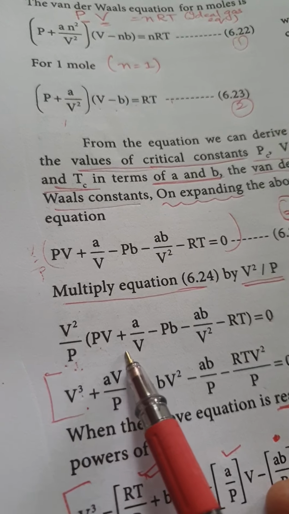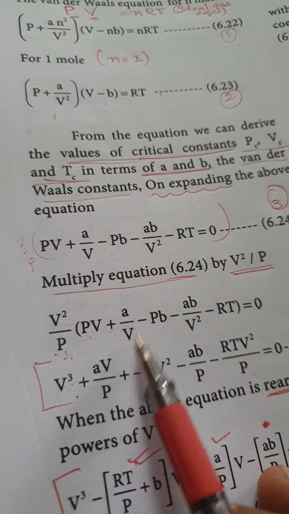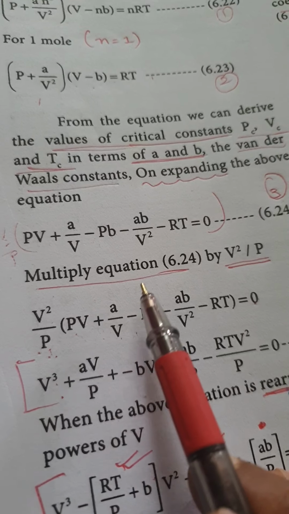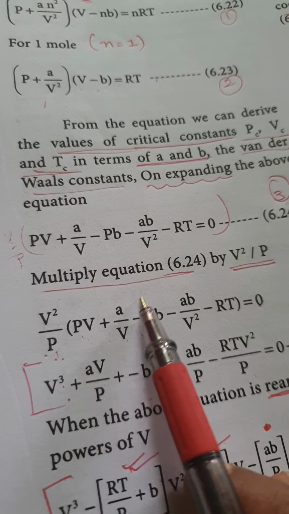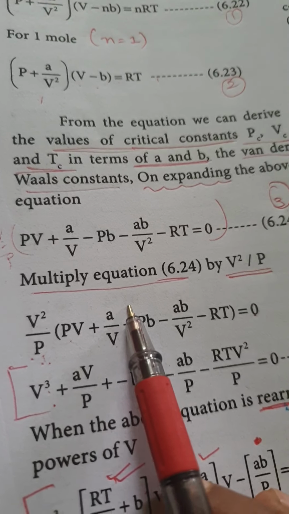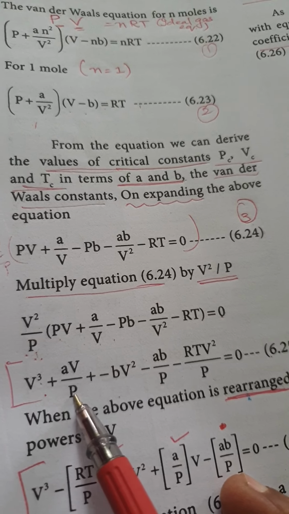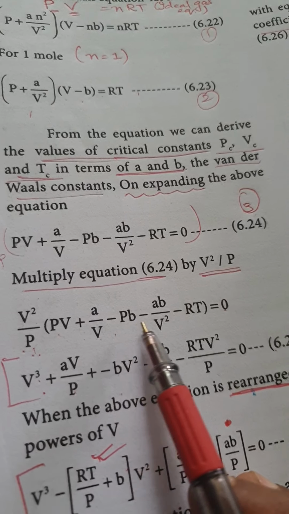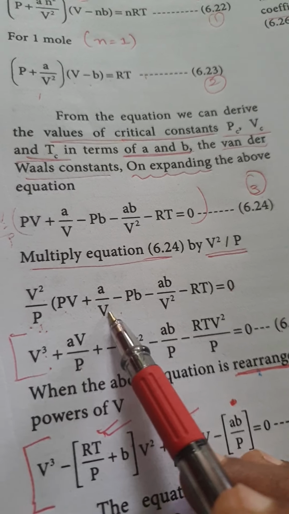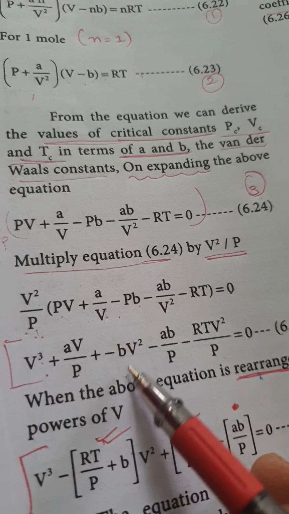Okay, the next term, each term multiplied by V square by P. So a by V into V square by P. One of the V from the denominator and the numerator gets cancelled, so one V remains on the numerator: aV by P will be the value here for the second term. Take the next term, PB into V square by P. What value will you get?